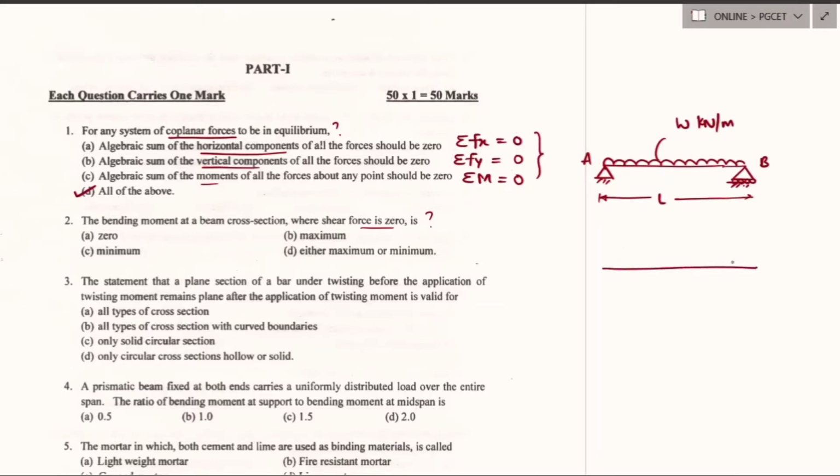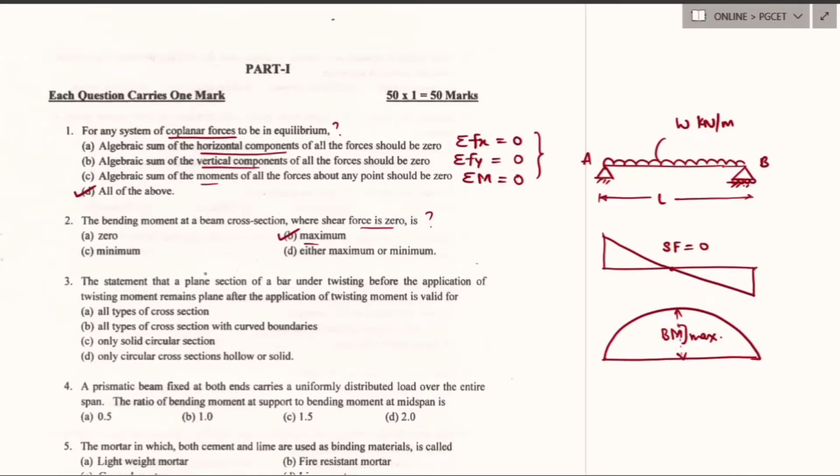For this simply supported beam, the shear force diagram will be like this, and the bending moment diagram will be like this. When the shear force is 0, the bending moment at the midspan of the beam will be maximum. So option B is the right answer. When the shear force is 0, the bending moment at a beam cross section will be maximum.